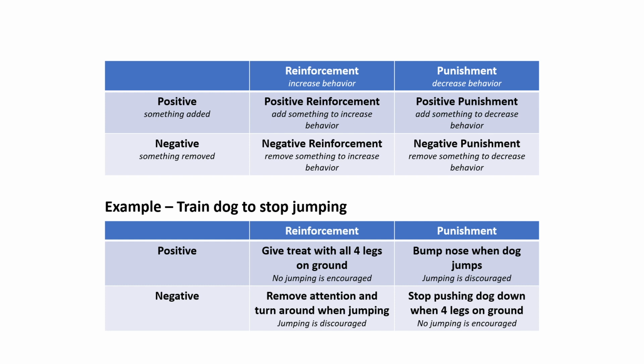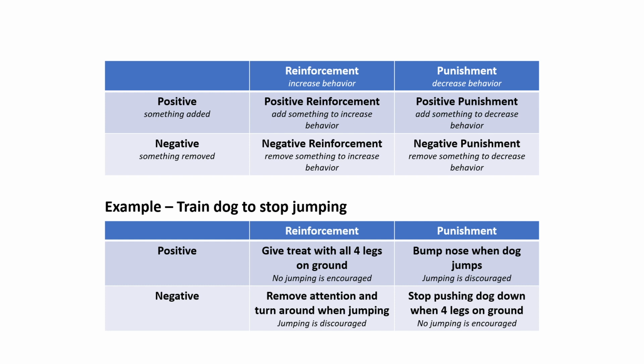So a positive reinforcement means that I give you something and that behavior then increases. Every time a child completes his spelling homework, I give the child some candy. That is a positive reinforcement. I am giving something to make that behavior more likely to occur.